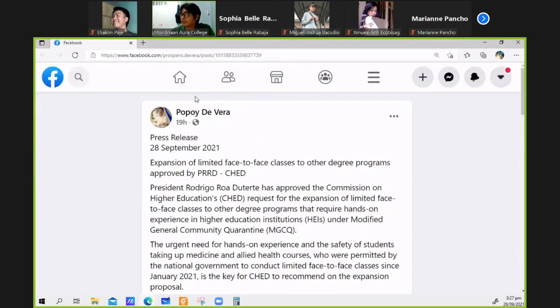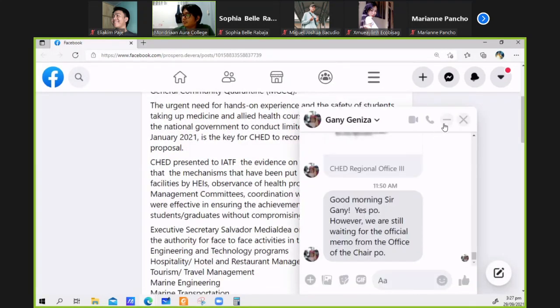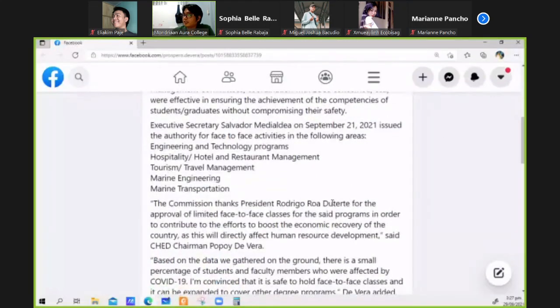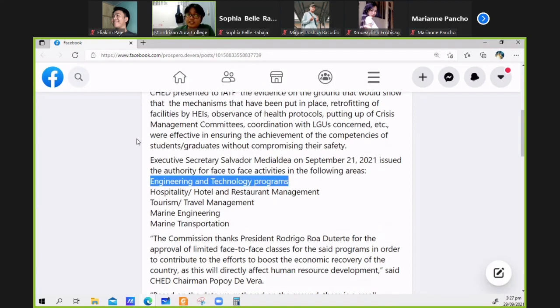Yan. So, kasama ang engineering and technology programs sa papayagan na makapag face-to-face. So, maganda rin malaman nyo na to kasi pagdating ng time na i-approve yan, wala pang no. Tinanong ko rin yung CHED Region 3, sabi nila itutuloy daw talaga yan, yung face-to-face.